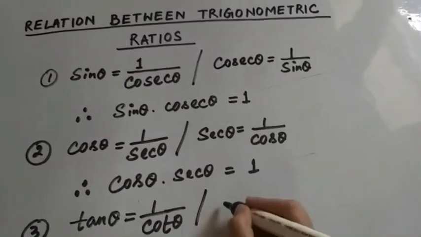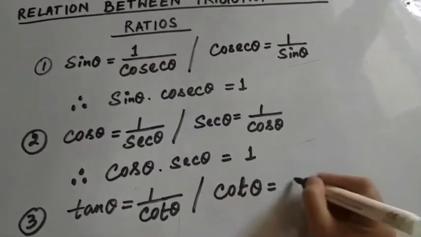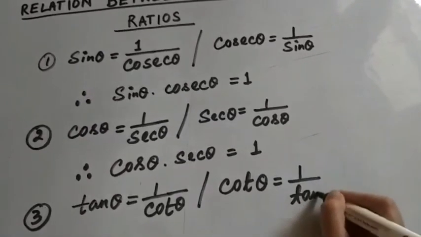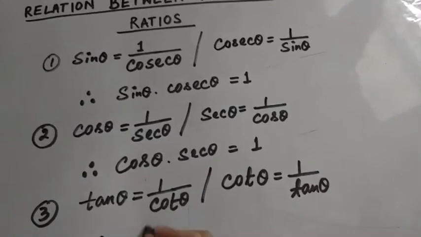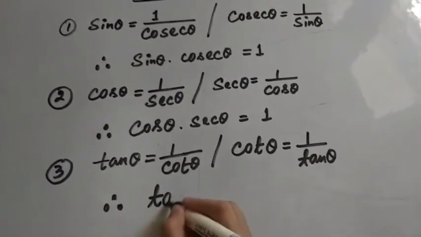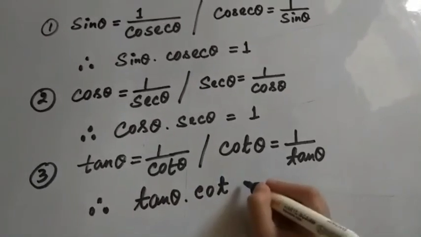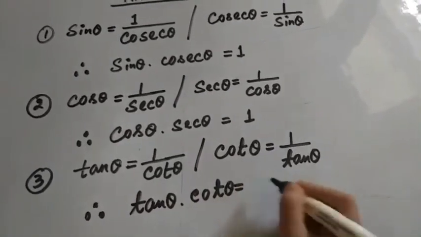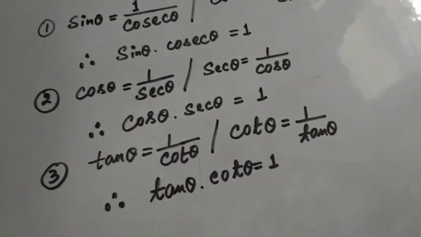In other way, we can say cot theta equals 1 by tan theta. Therefore, tan theta multiply cot theta equals 1, because they are reciprocals of each other, right?